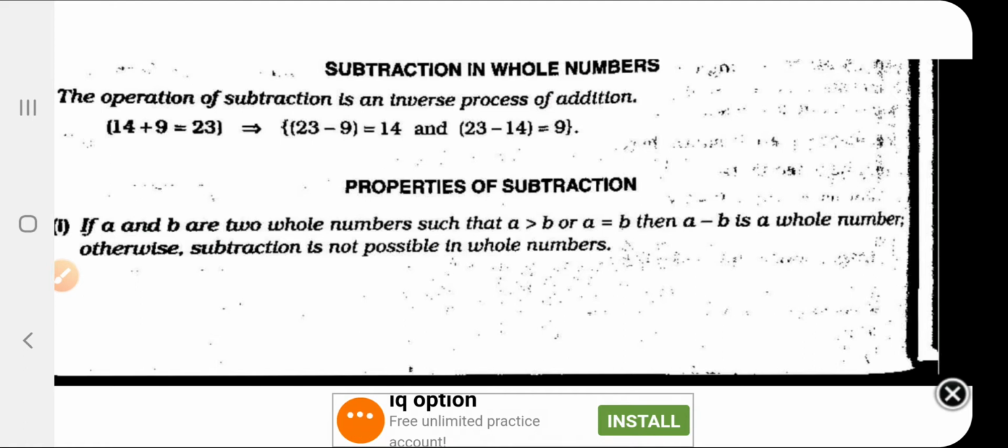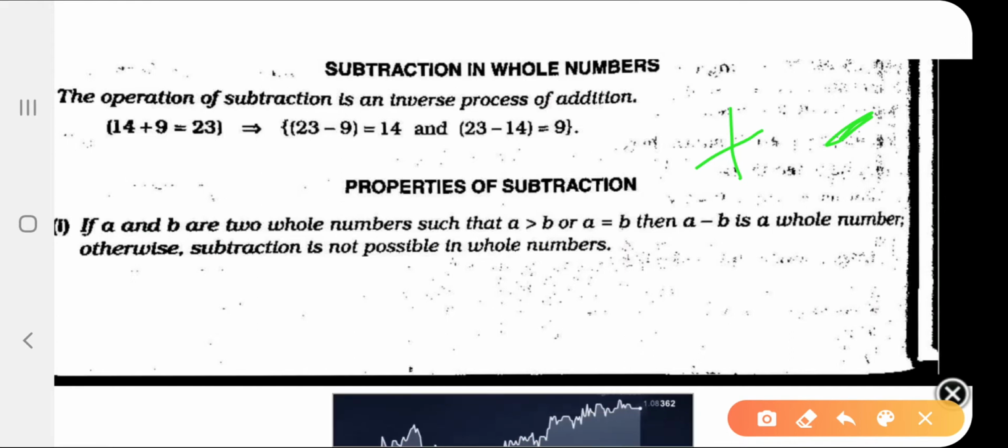The operation of subtraction is an inverse process of addition. Okay, this is very clear. If someone asks you what is the inverse of addition, you can simply say that it is subtraction.